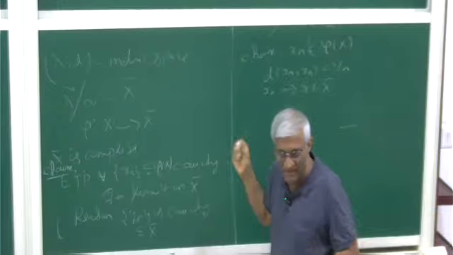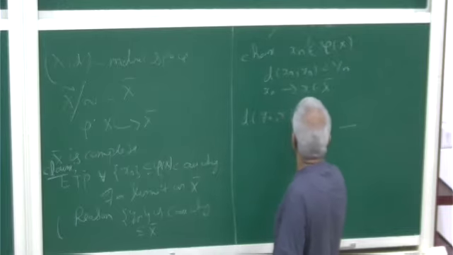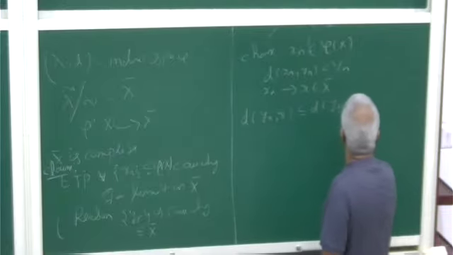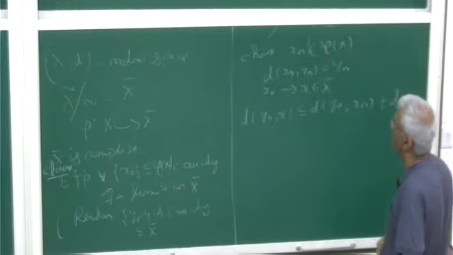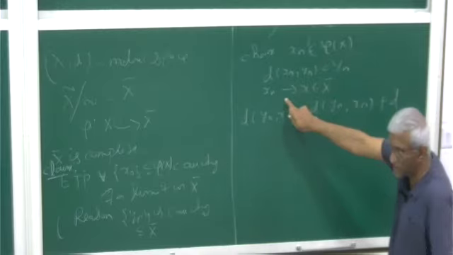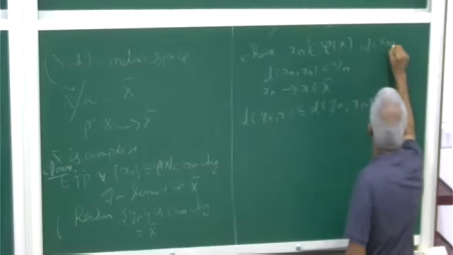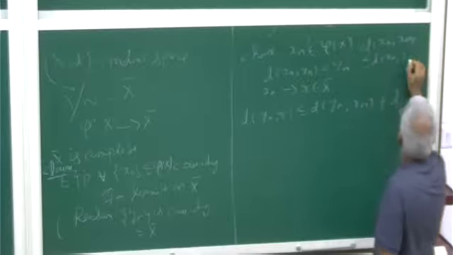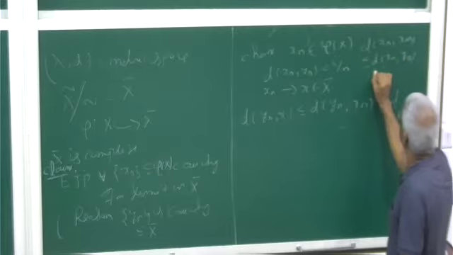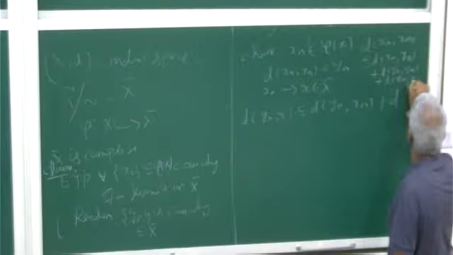Now d of Yn, X is less than or equal to d of Yn, Xn, which is less than 1 by n, plus d of Xn, X. We also have to show that Xn is a Cauchy sequence, because d of Xn, Xm is less than or equal to d of Xn, Yn plus d of Yn, Ym plus d of Ym, Xm.